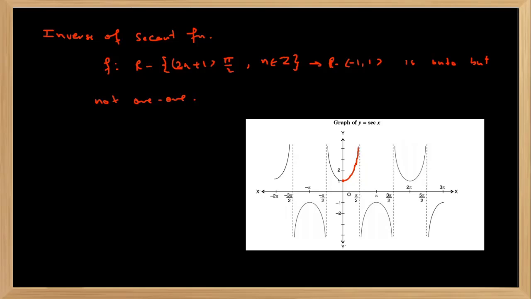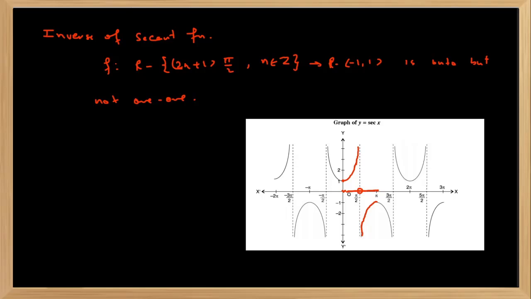You can continue this way. Then pi by 2 we will leave. At pi it is minus 1, and from minus 1 to minus infinity, you can say minus infinity to minus 1. So the entire range is covered, minus infinity to minus 1, then 1 to infinity. So if I take this portion of the domain excluding pi by 2, my function will become 1-1 and onto.